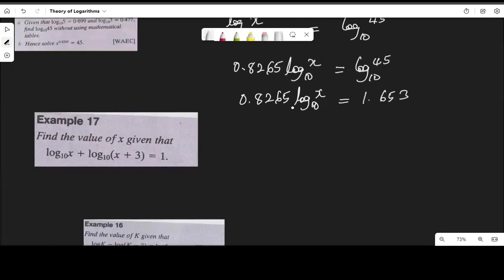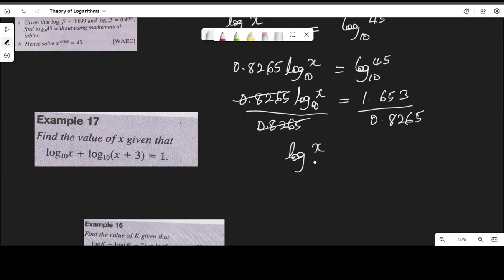Dividing both sides by 0.8265, we reduce and cancel. I mean, log x to base 10 is equal to 1.653 divided by 0.8265, which is 2.